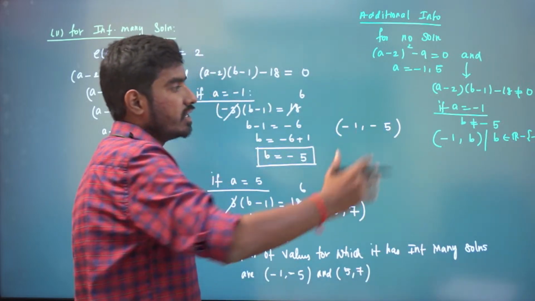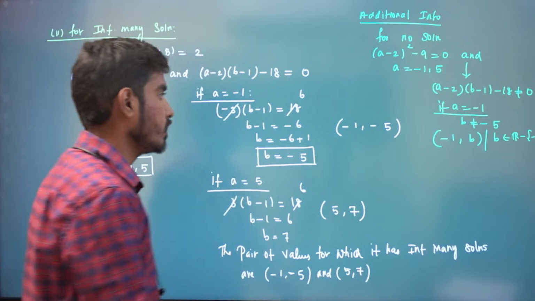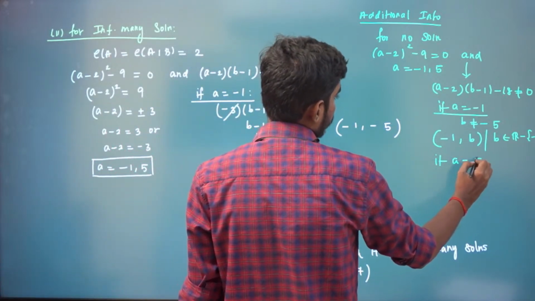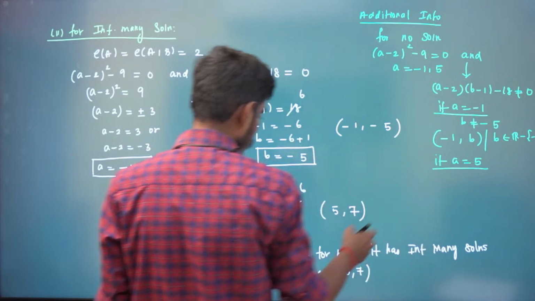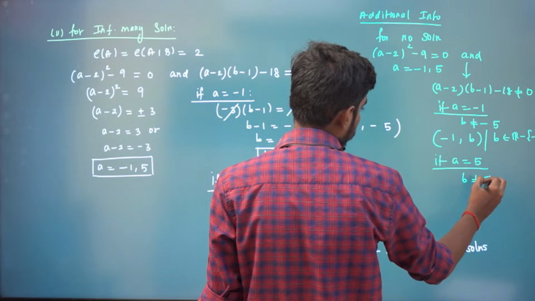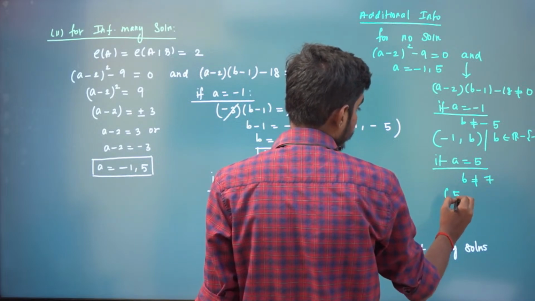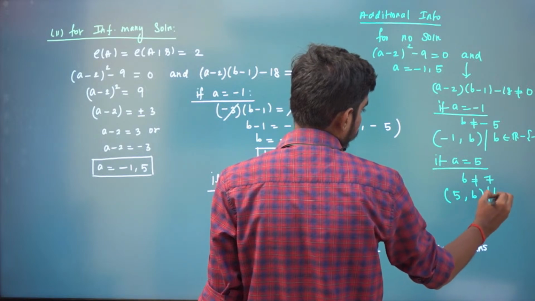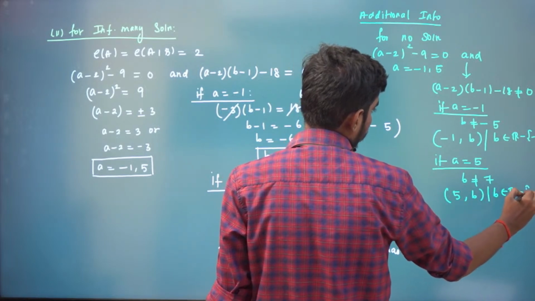This is one infinite set of pairs. Again, if A is equal to plus 5, you'll be getting B is not equal to 7. You will have another infinite set of pairs, 5 comma B, where B belongs to all real numbers except 7.